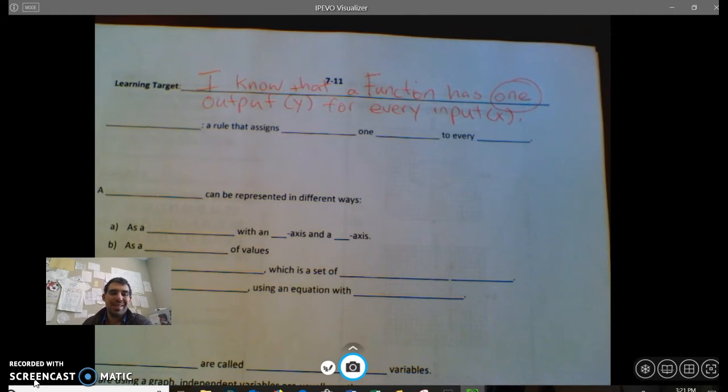So a function has exactly one output for every input, which you might be like, what's that mean? That's okay. We'll figure that out together, you and me together. What does that mean? A function has one and only one output for each input.